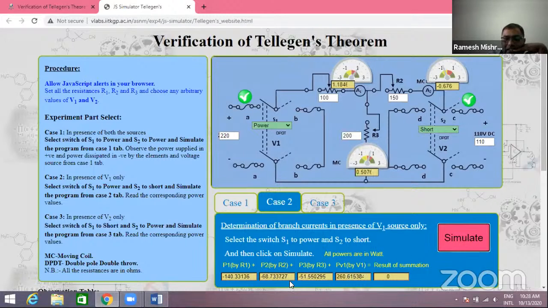Now we see the power of the first resistance is equal to minus 140.33136, the power of the second resistance is equal to minus 68.733727, and the power of the third resistance is equal to minus 51.550295.